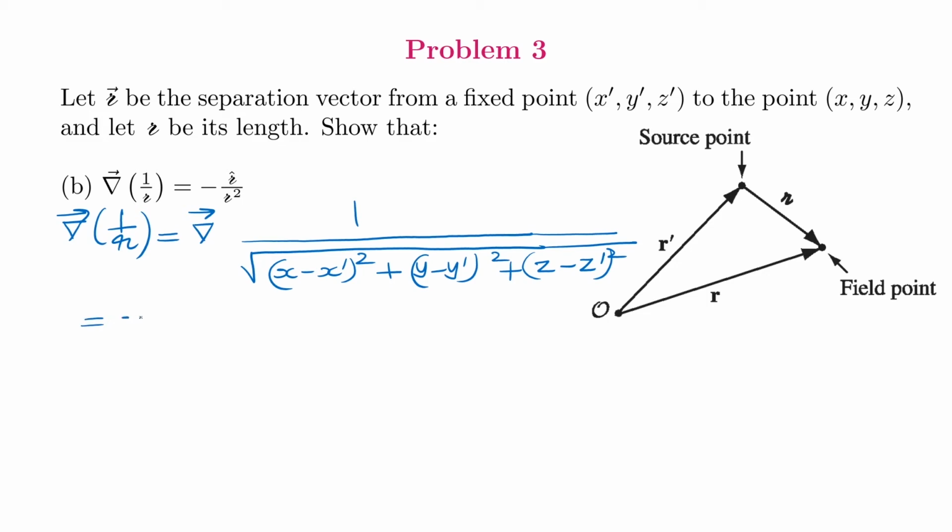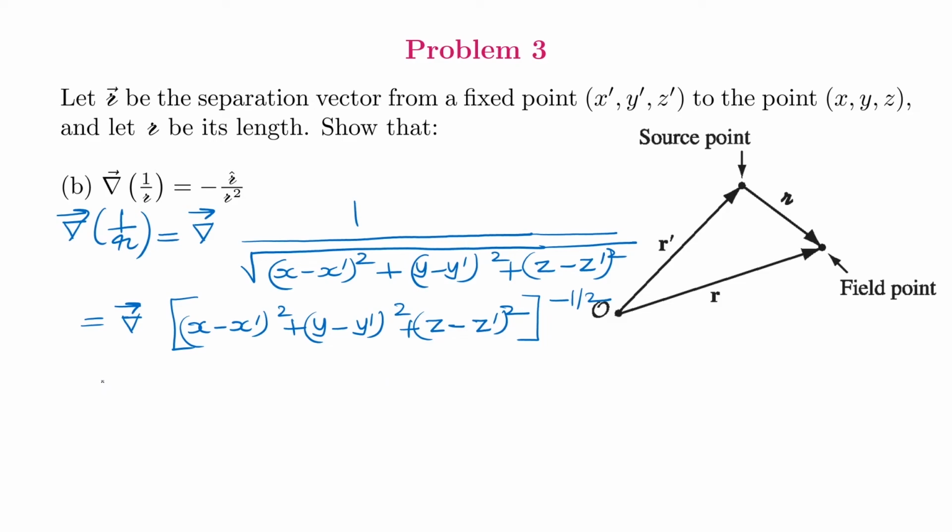This is the gradient of (x minus x') the whole squared plus (y minus y') the whole squared plus (z minus z') the whole squared, the whole power minus 1 by 2.